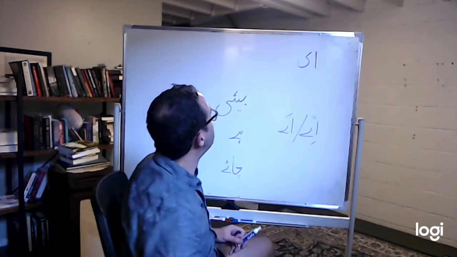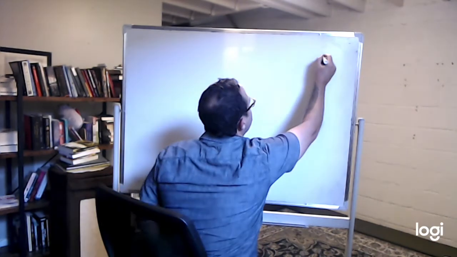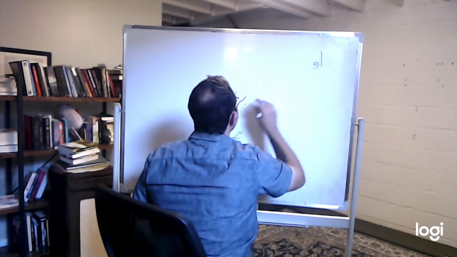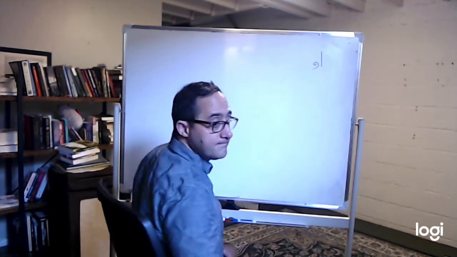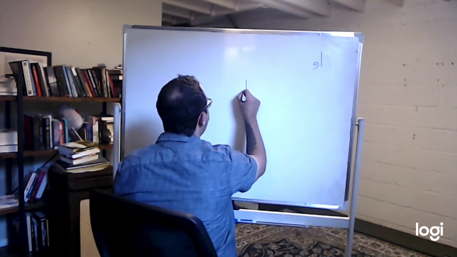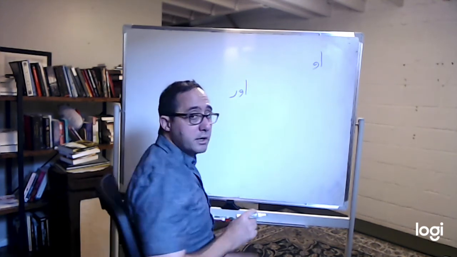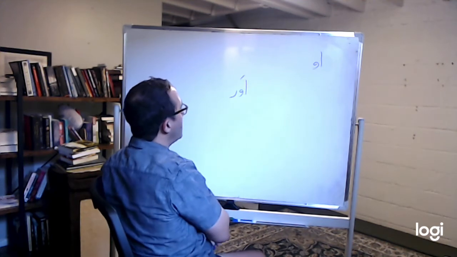Okay, last one. O, u, au. Okay, first position. Aur means and. So this is aur.